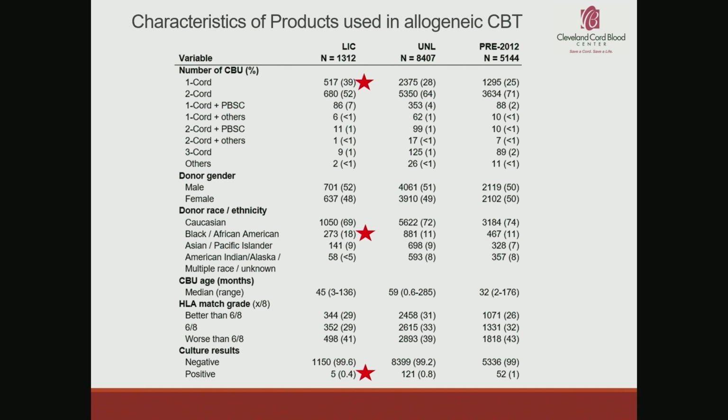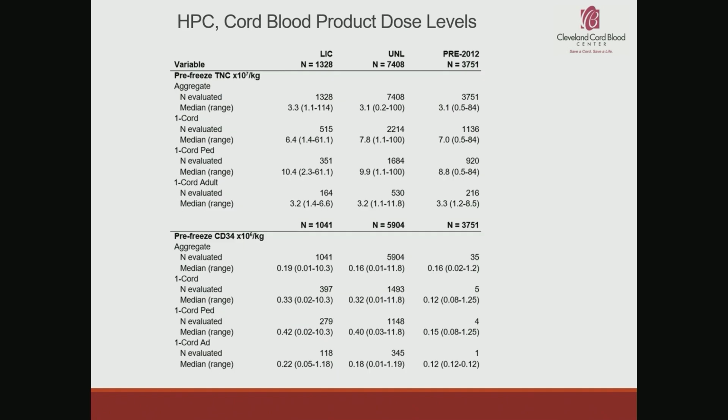There was a higher contribution of African American units among the units provided, and a low percent of positive results, so great sterility results. The differences are very small, but this is something you would expect from a more stringent and standardized procedure.